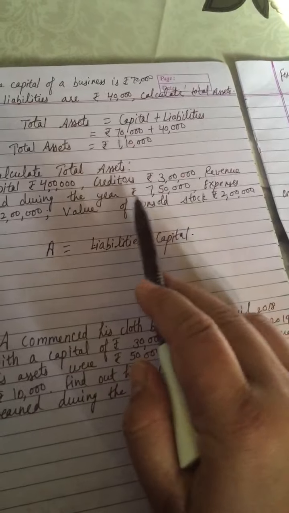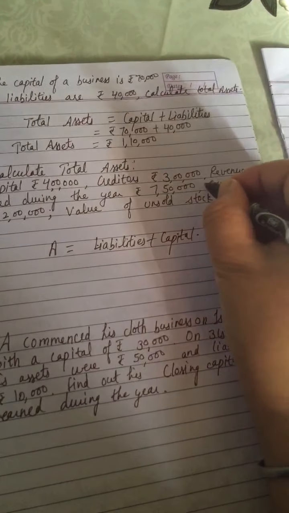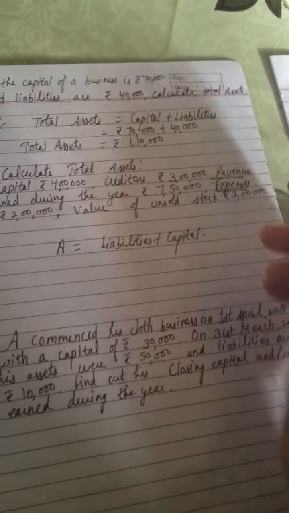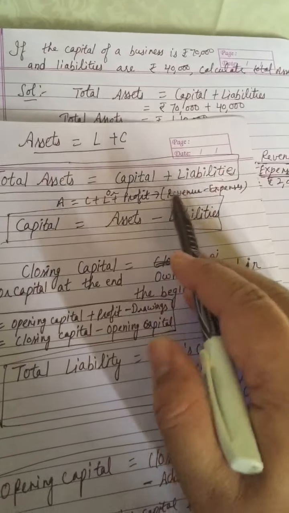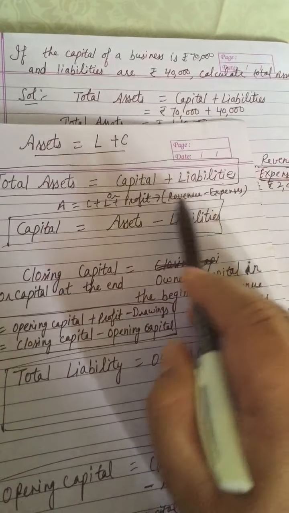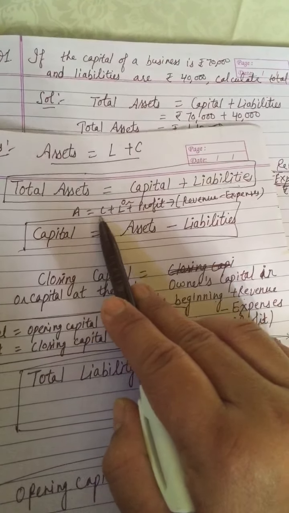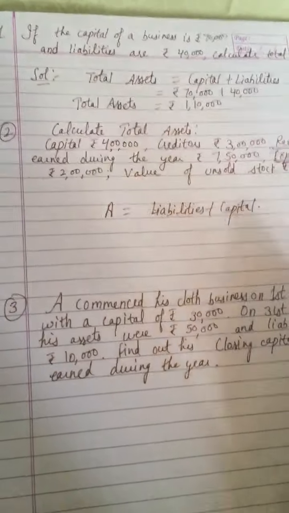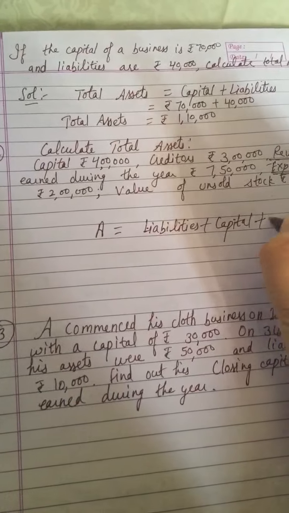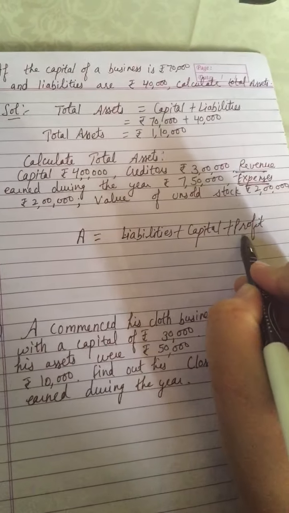And in this question revenue and expenses are also given. Since revenue minus expenses is the formula of profit, we can also find assets equals capital plus liabilities plus profit. So we can write this formula as capital plus liabilities plus profit.